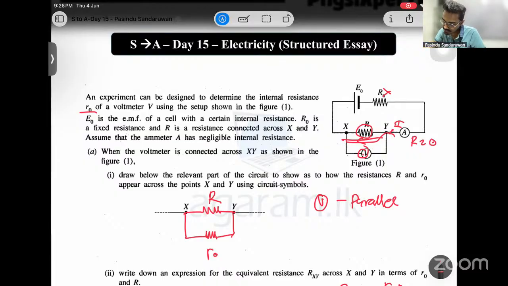It says E naught is the EMF of the cell with a certain internal resistance. Then it has an internal resistance. So because of that, V is E minus IR. The potential difference should be E minus IR.